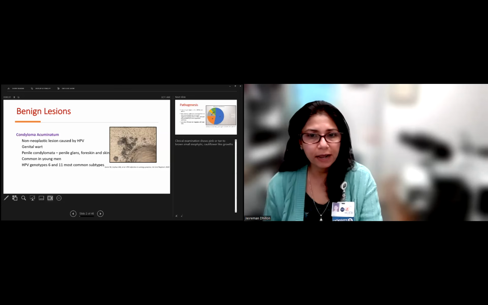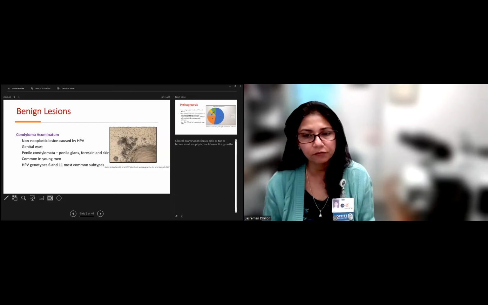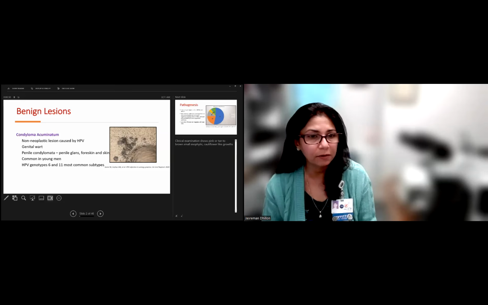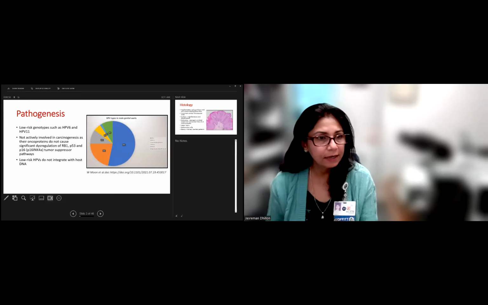On clinical examination these can show pink or tan-brown exophytic cauliflower-like growths. They are seen on the penile glans, foreskin, and skin, are common in young men, and are mostly caused by low-risk HPV types 6 and 11.